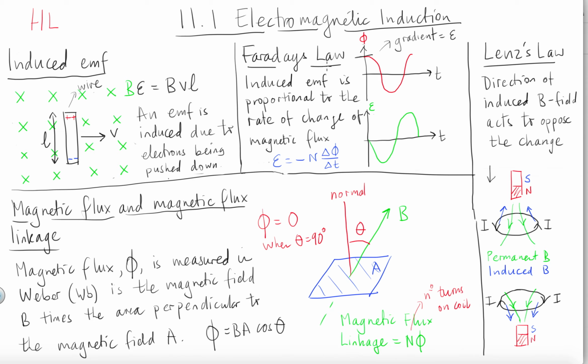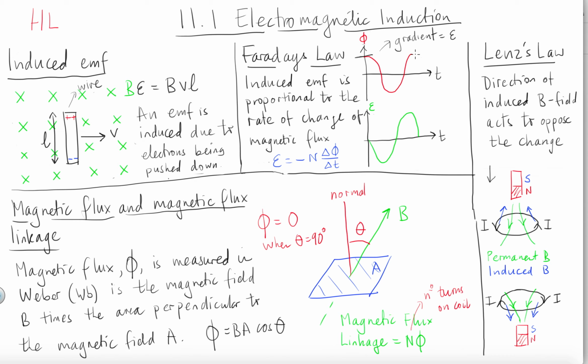Now Faraday's law says that the induced EMF, this quantity here epsilon, is proportional to the rate of change of magnetic flux. So the greater the rate of change of magnetic flux, the greater the induced EMF.